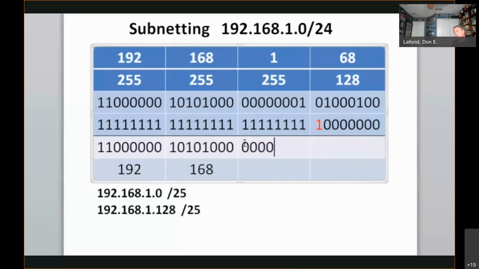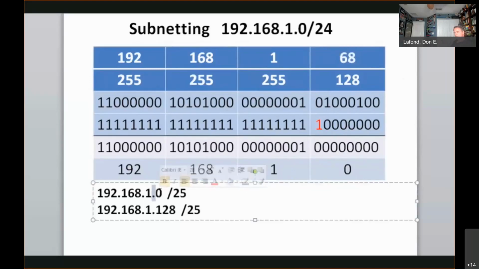And then all zeros here and a 1. This is a 1. Now if we look at this last octet, a false and a true makes a false. A true and a false makes a false. And then we get all zeros here. So the network address is the 192.168.1.0 network. So host number 68 is on the 0 network.